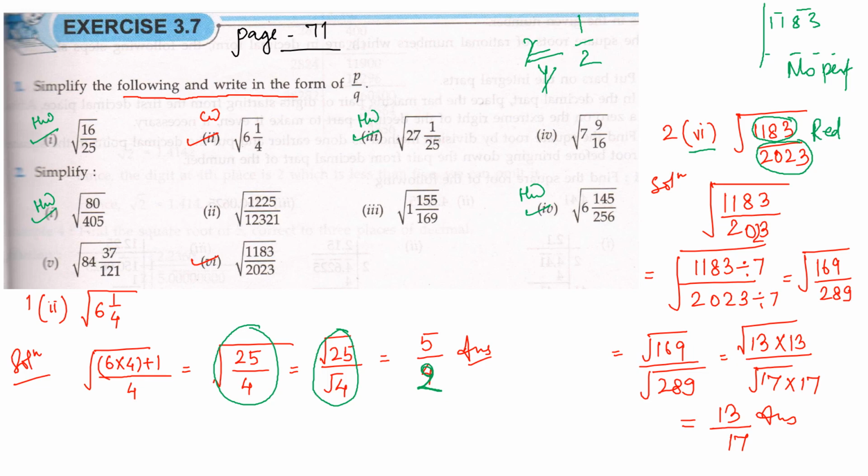So if it can be reduced, reduce the number. When I checked, it was getting reduced by 7. So we got the new number as 169 by 289. Now the square root of 169 is 13 and the square root of 289 is 17. 13 by 17 is your answer. Clear? At times when you feel that this is not a perfect square, maybe they can be cancelled and later on you will get the answer.